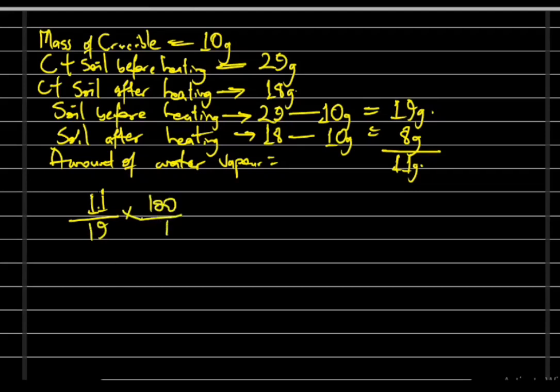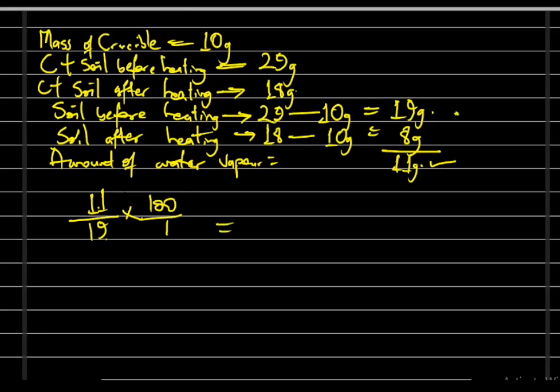Why are we picking 11? 11 is the amount of water that we got, and then 19 is the total weight of the soil plus the water. The weight of the soil plus the water is what we have here as 19 grams. So we have 11 over 19 multiplied by 100 over 1, which is our percentage.